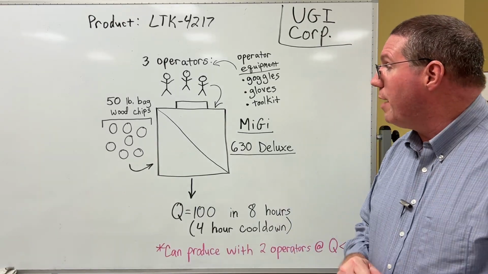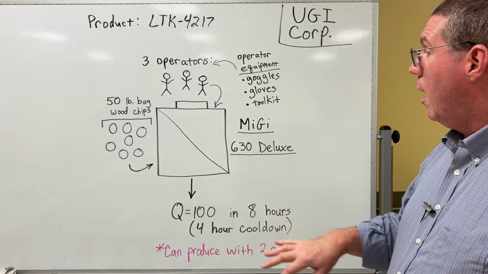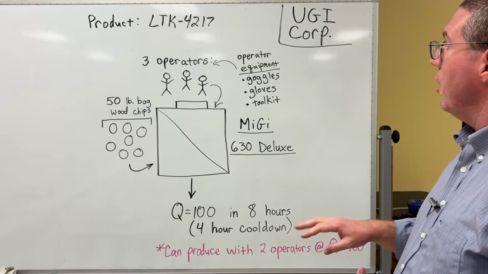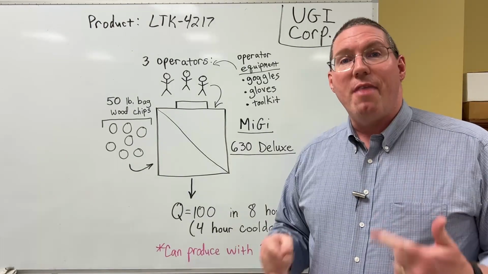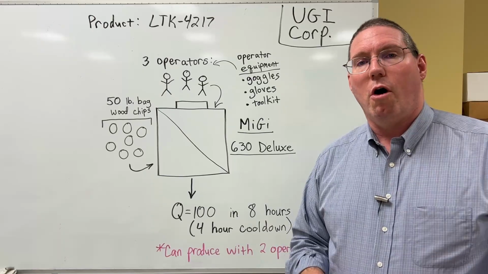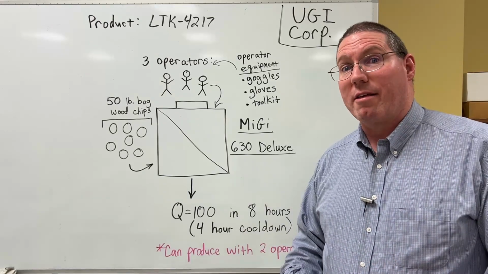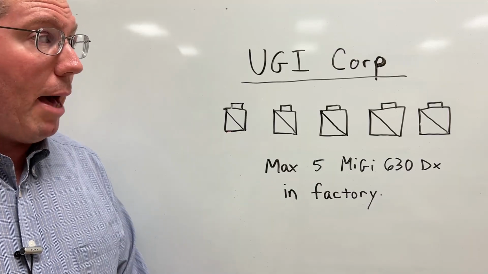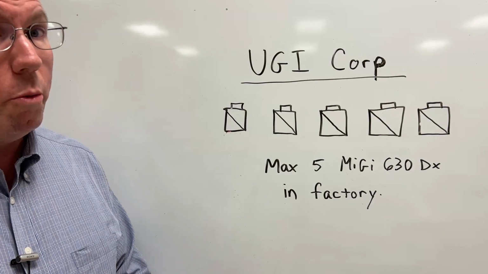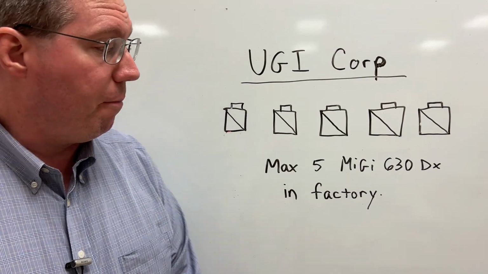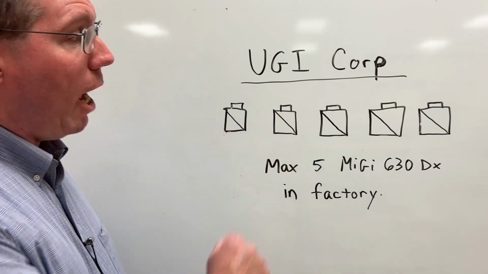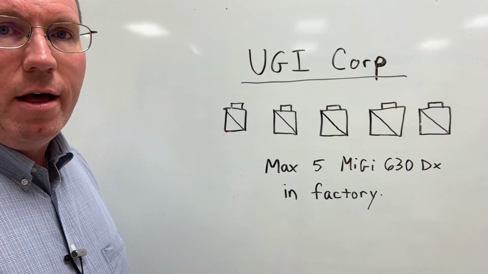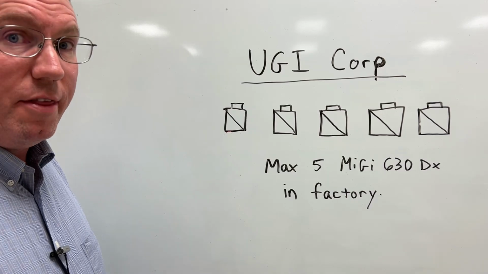Okay? Now that we have this example, we're going to learn one more thing about UGI Corp, and then we're going to learn about a concept that I call productive capacity in a firm. The last thing I want to tell you about UGI Corp before we get into productive capacity is that UGI Corp has 5 MIGI 630 Deluxes in their factory.